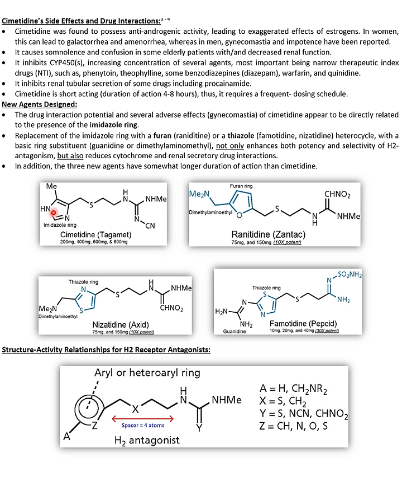So by replacing this ring with another ring such as the furan ring or the thiazole ring, and the addition of some groups such as the diamine, aminomethyl, and the guanidine, which would cause the ring to become more basic, by replacing the imidazole, we were able to solve all these side effects.